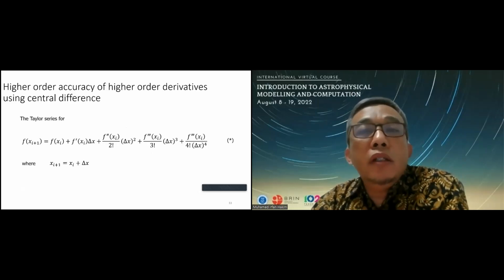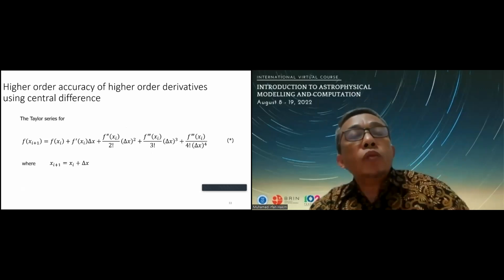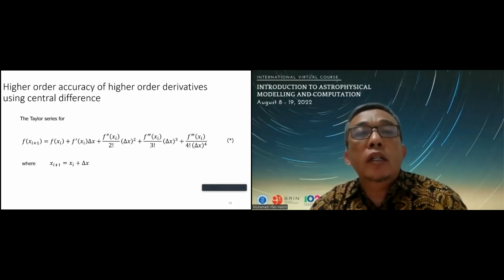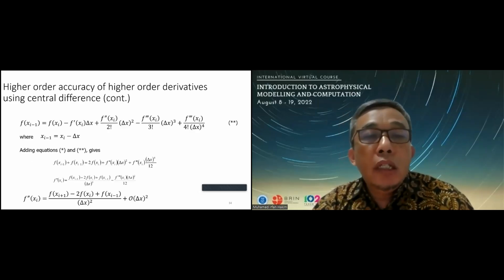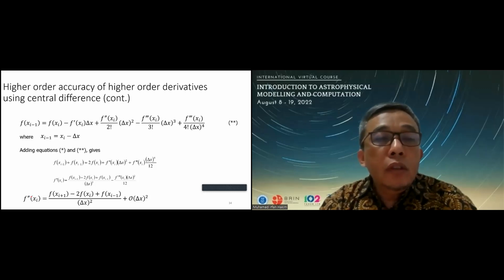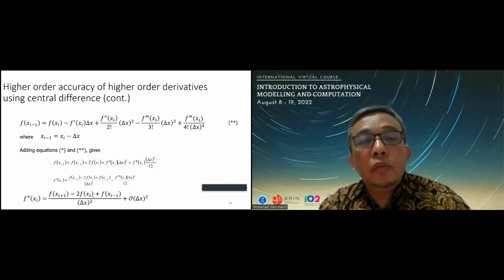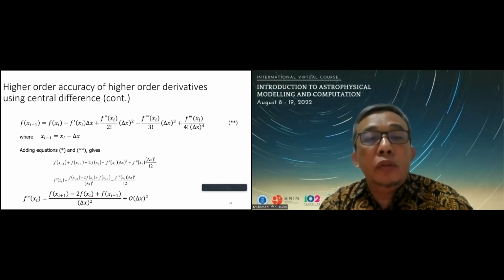And now we use central difference in order to achieve higher order accuracy. We can use this approximation relative to node i.